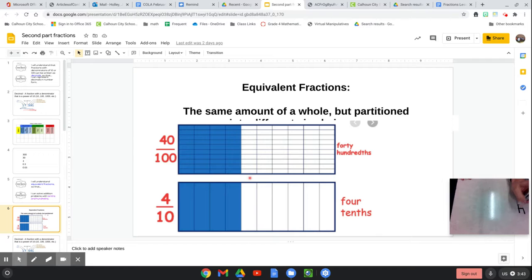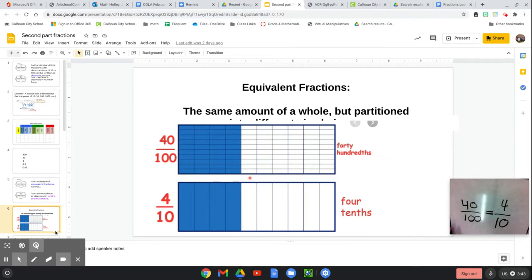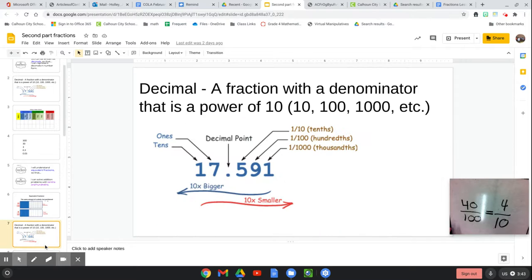So it's saying, whoa, 40 hundredths is the same thing or equivalent to 4 tenths.